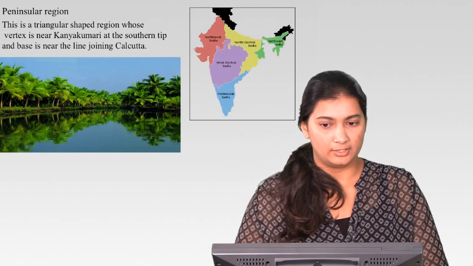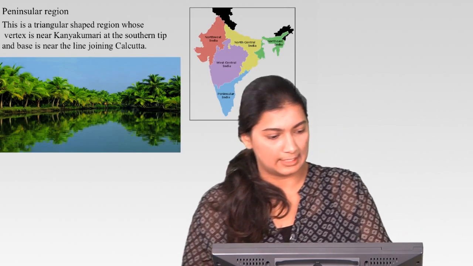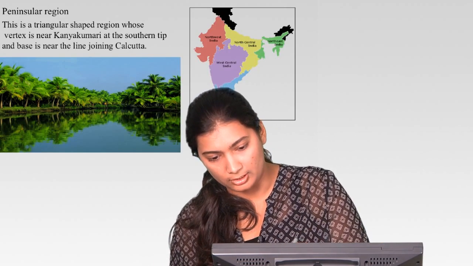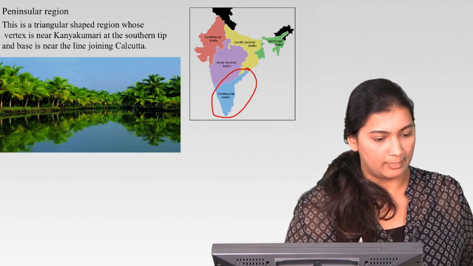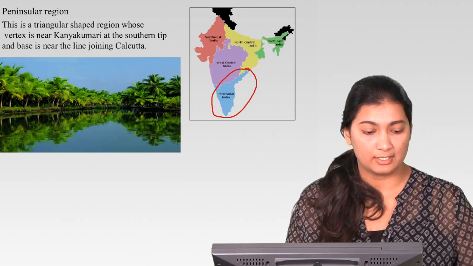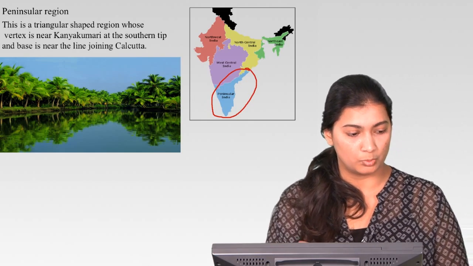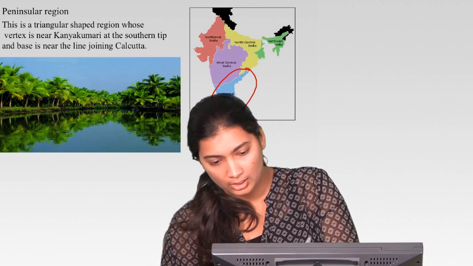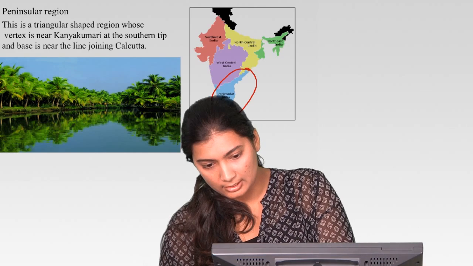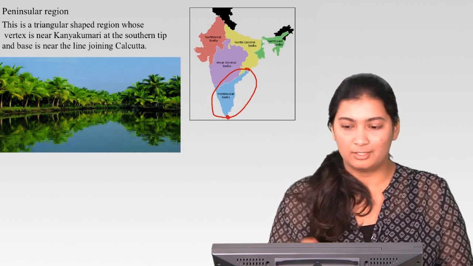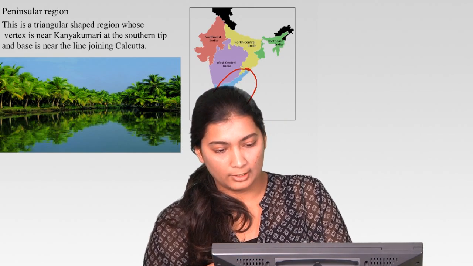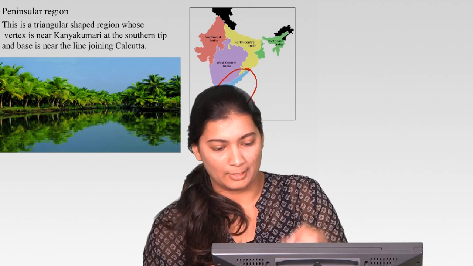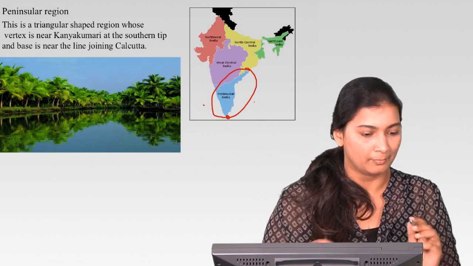Now we come to the peninsula region. As you can see, the peninsula region is right here in the southernmost part, and it is a triangular shaped region whose vertex is near Kanyakumari. Kanyakumari is the southernmost tip. The beauty of this place is you can see all three water bodies from one point if you go to Kanyakumari.